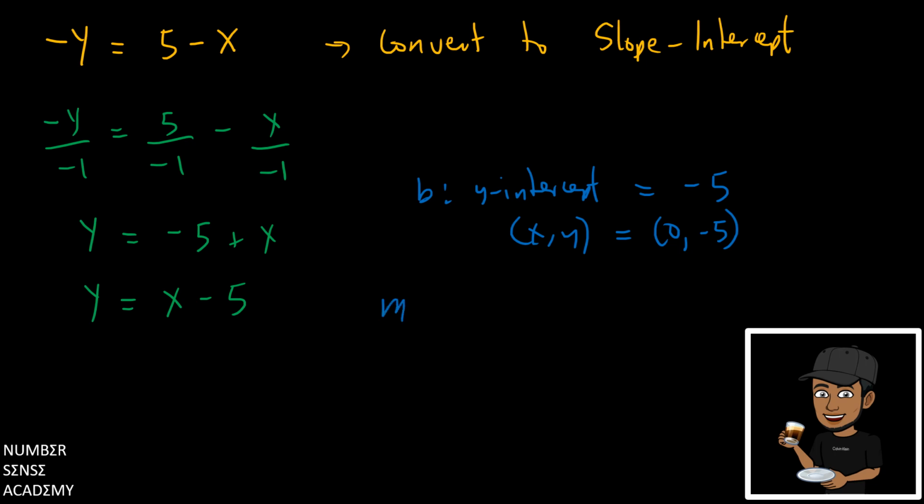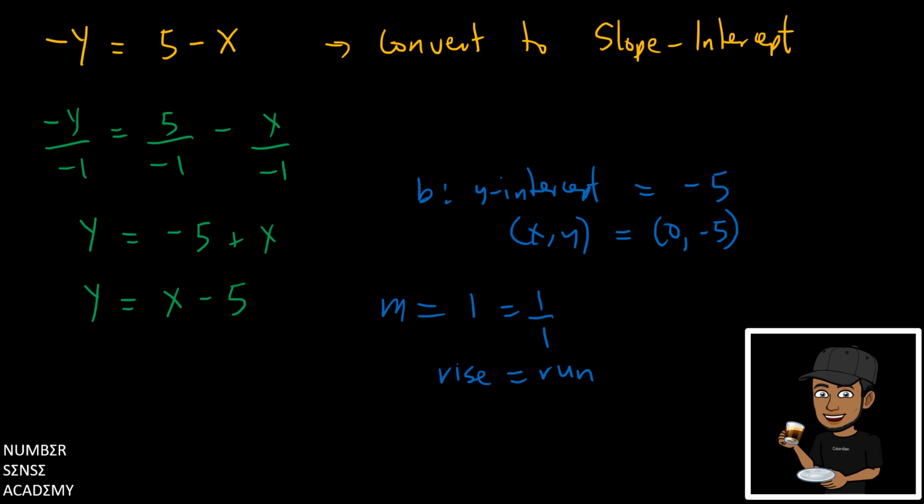And then the slope, remember, any number multiplied by itself is itself. So the slope is 1, same as 1 over 1. In this case, the rise is equal to the run. It's not that it's not steep, it's like a 45-degree angle. So it's pretty balanced. We can leave it as that.